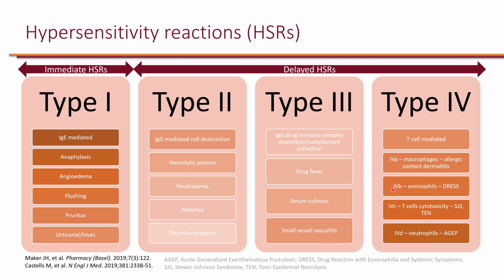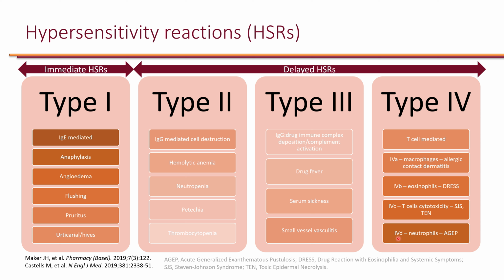And then for type 4B, which involves eosinophils, it can be things like DRESS, so that is drug reaction with eosinophilia and systemic symptoms. Type 4C is T-cell cytotoxicity, so these are extremely severe, so Stevens-Johnson syndrome, as well as toxic epidermal necrolysis.